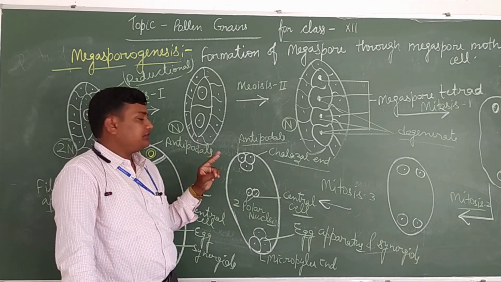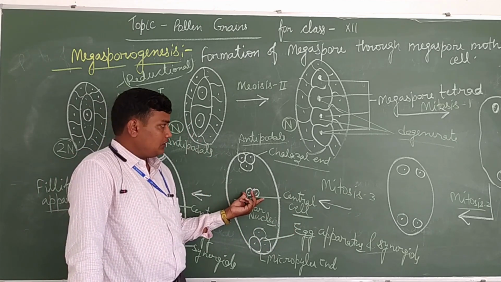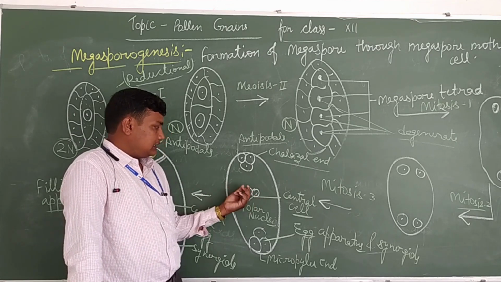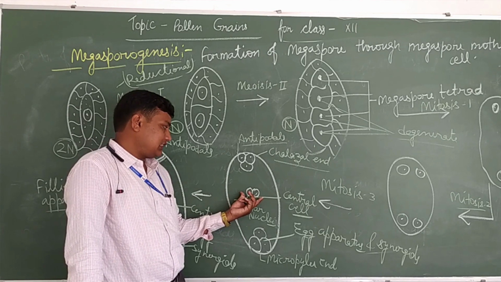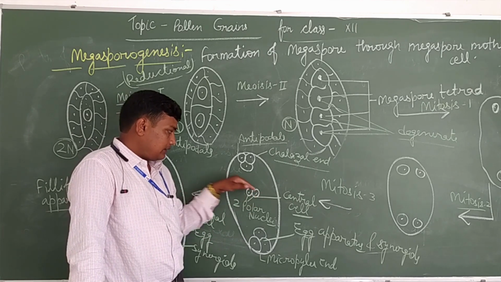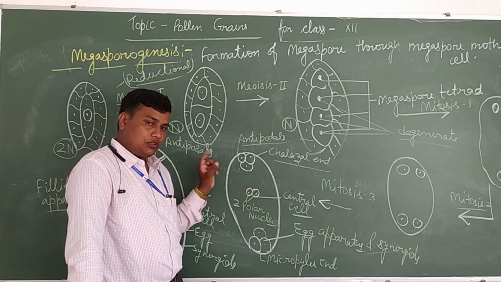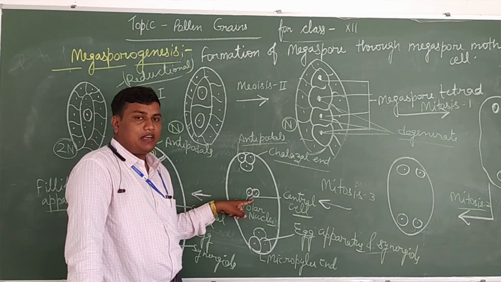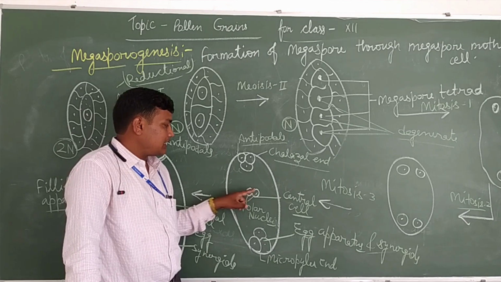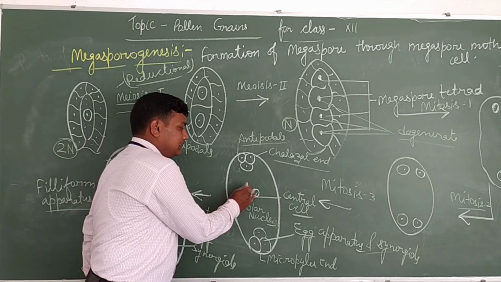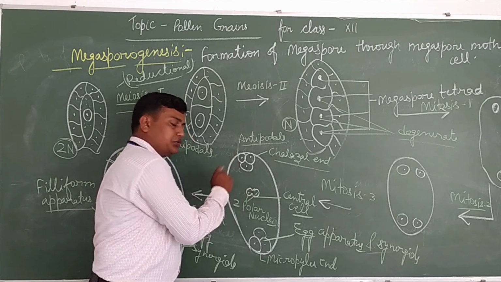And 2 cells fuse together at the center of the megaspore. The cytoplasm and cell membranes of both cells fuse, and now it becomes one cell, but it has 2 nuclei.